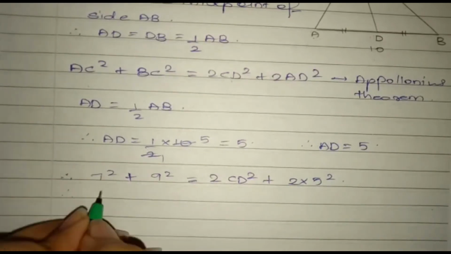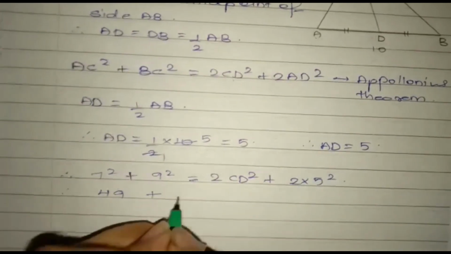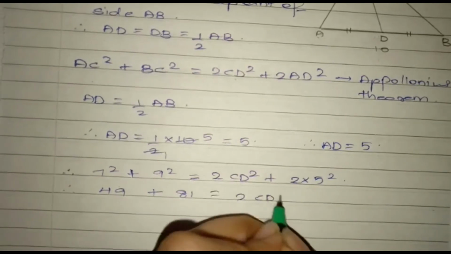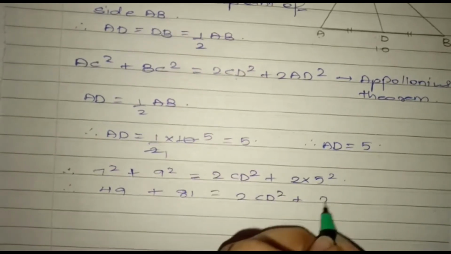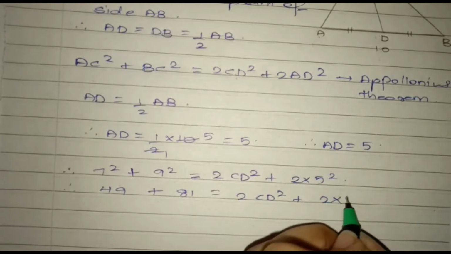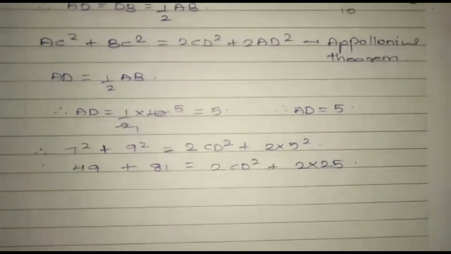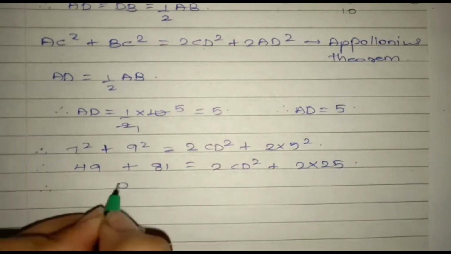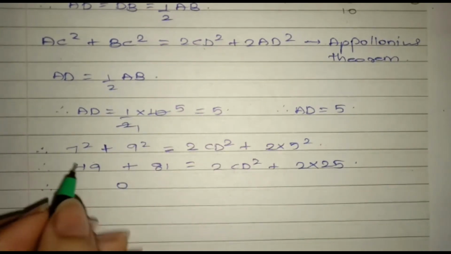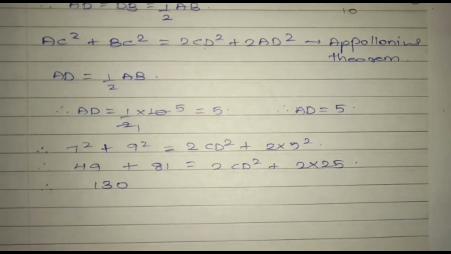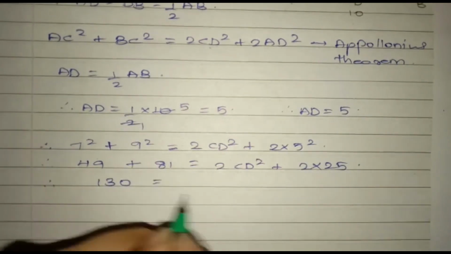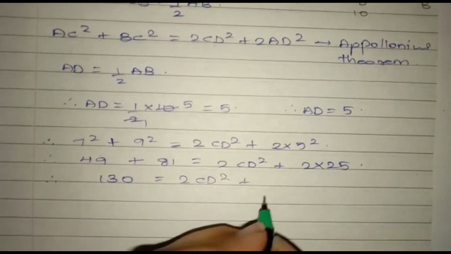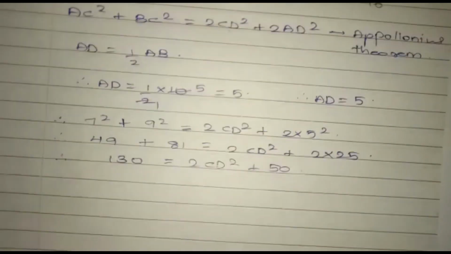Therefore 7 sevens are 49 plus 81, 9 square is 81, is equal to twice CD square plus 2 into 5 square, which is 25. Therefore 49 plus 81 gives us 130, is equal to twice CD square plus 2 into 25 is 50.